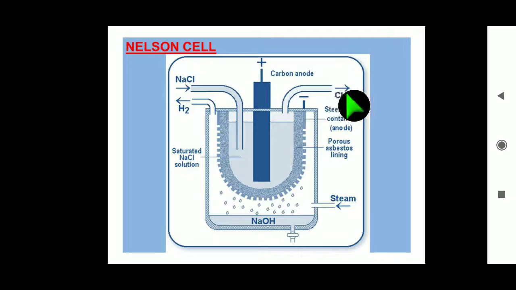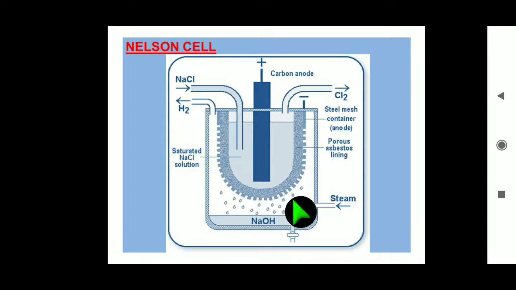After passing, the electrolysis is carried out, with positive and negative charges. When we apply the positive and negative charges, the charge separation takes place. Na plus and Cl minus ions are separated. The Na plus ions are taken by OH minus ions of water and form sodium hydroxide.